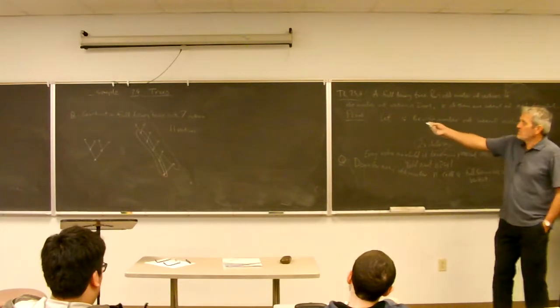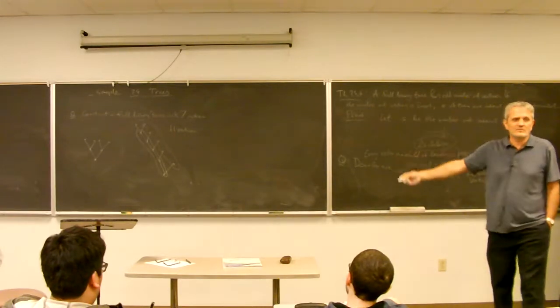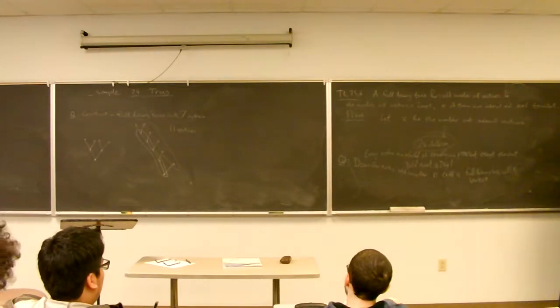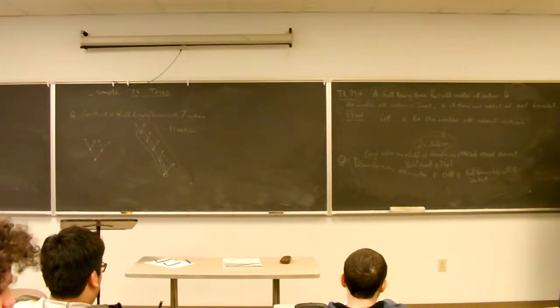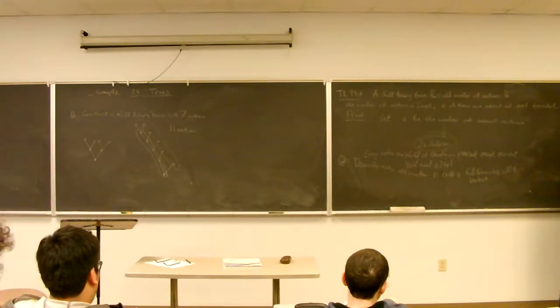Like I did there, for 11 we made it for 7. If someone says 27 vertices, and you have a couple of homework problems, can you make a full binary tree with 27 vertices, yes or no?